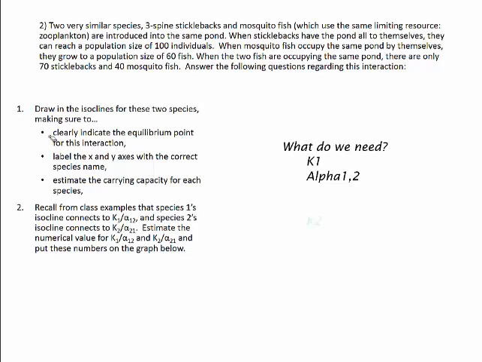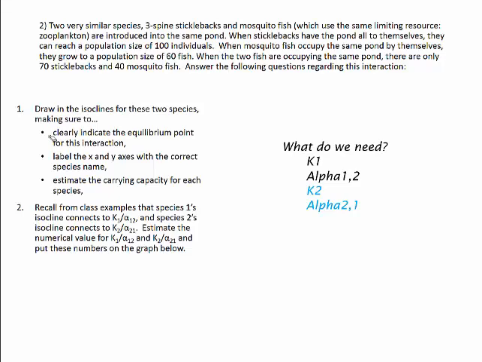And as you might anticipate, we also need K2, which is the carrying capacity for species 2, and also alpha 2,1, the competitive impact of species 1 on species 2. So this is just making a list of the things that we need. It helps us to stay organized and focused and figure out what the next steps are.